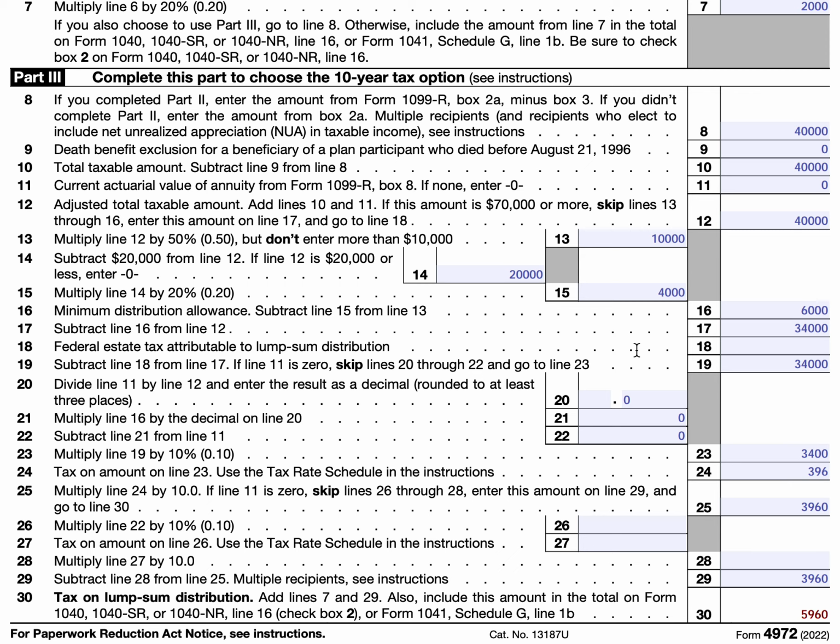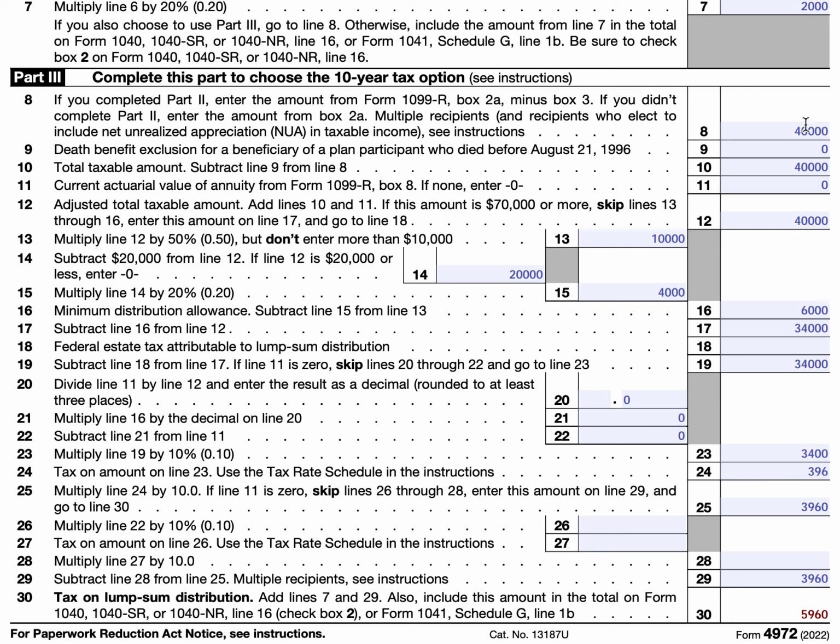In our scenario, we're going to go through as if none of those apply to us, as John is a single recipient. He did not have net unrealized appreciation, and there is no death benefit exclusion. So we're going to go through all those parts. Just know that if any of them are applicable to you, the form instructions have specific sections in there. So just pay attention to that.